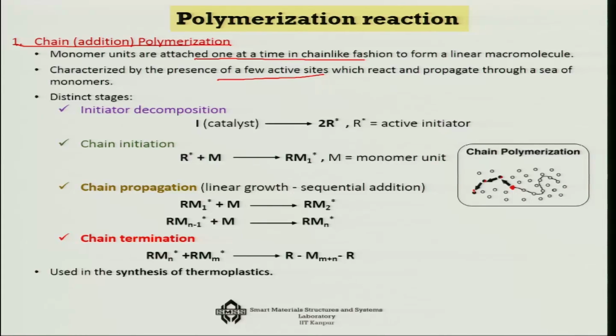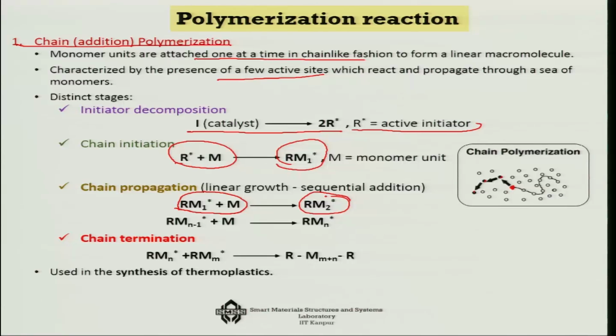In fact, this will come as a catalyst is getting broken, then it decomposes, then the active initiator R* will come. This R*, the moment it reacts with a monomer, you get the first active unit, that is RM1*. Then as the chain propagates, this RM1* will react with another monomer to get RM2*. Then that process will continue, like one RM(n-1)* will give you an RMn*.